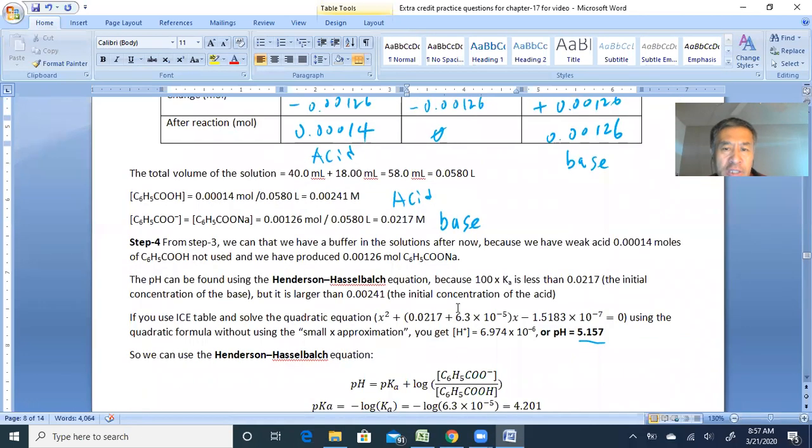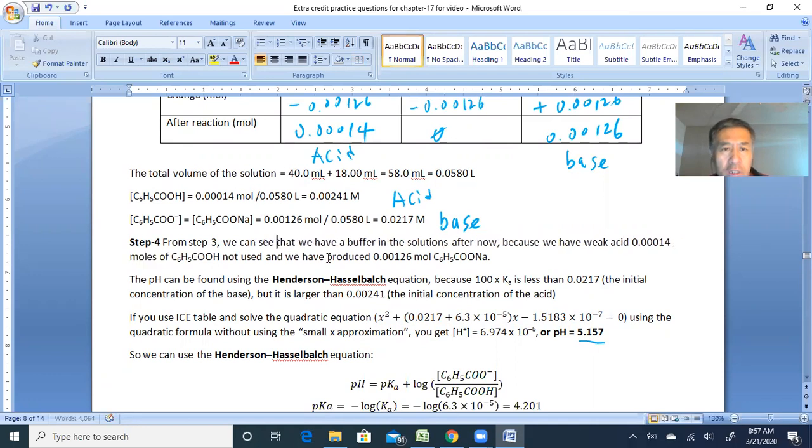So then the next step is using the IC table or the Henderson-Hasselbalch equation. From step 3, we can see that we have a buffer in the solution after the reaction, because we have a weak acid and we have also produced the conjugate weak base.